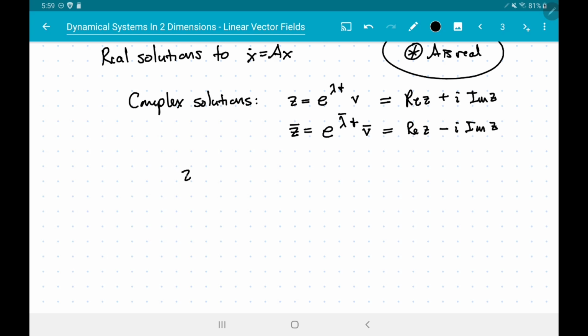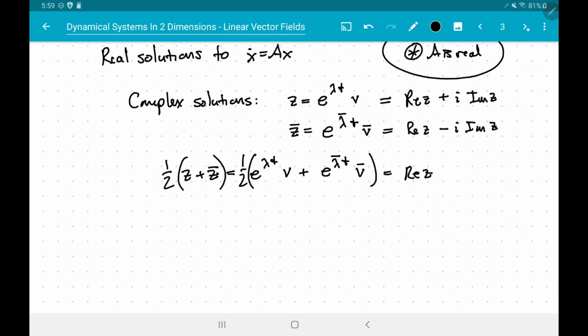So z plus z bar is e to the lambda t v plus e to the lambda bar t v bar. If I put 1/2 in front of all of this, I will end up with just the real part of z. And since this is a linear combination of solutions, this is also a solution to x dot equals Ax.